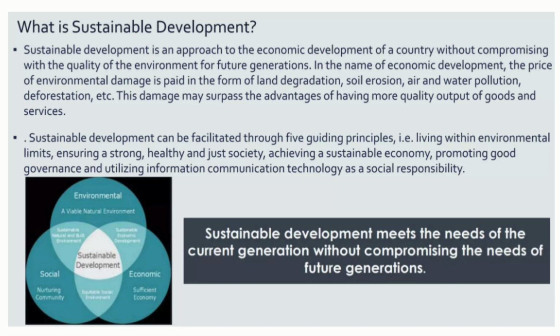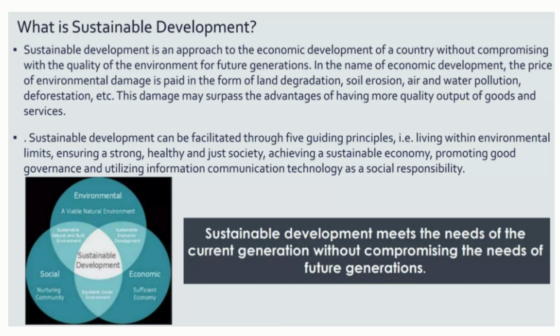Sustainable development can be facilitated through five guiding principles like living within environmental limits, ensuring a strong, healthy, and just society, achieving a sustainable economy, promoting good governance, and utilizing information communication technology as a social responsibility.